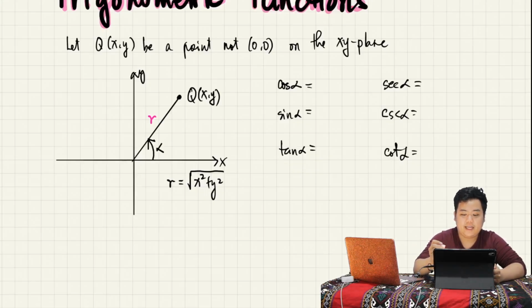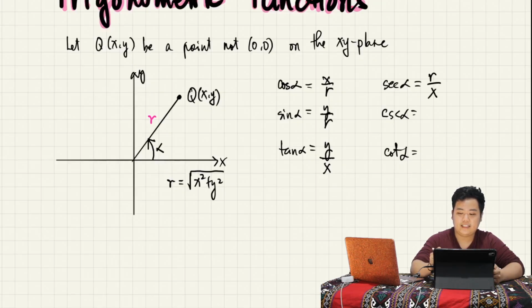Okay, so we define cosine alpha as x over r, sine alpha as y over r, tangent alpha as y over x, or you can also think of it as sine alpha divided by cosine alpha. Secant alpha is the reciprocal of cosine, r over x.